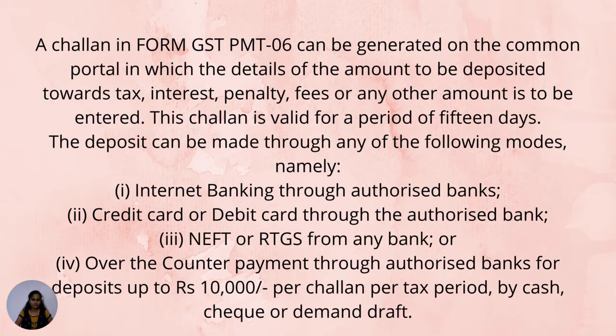So all these payments can be done only through the authorized bank other than NEFT. NEFT and RTGS can be performed by any bank. But for internet banking and credit or debit card, these payments will be accepted only via an authorized bank.